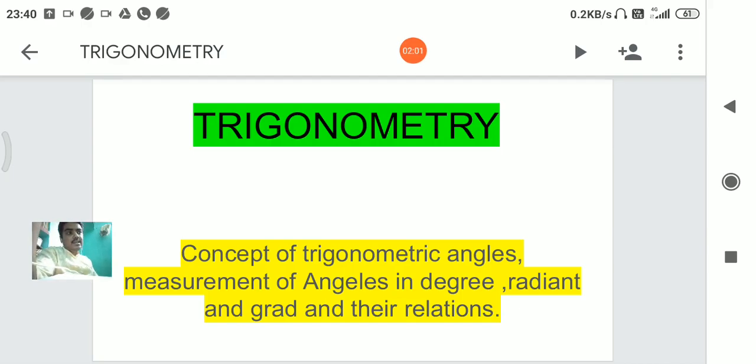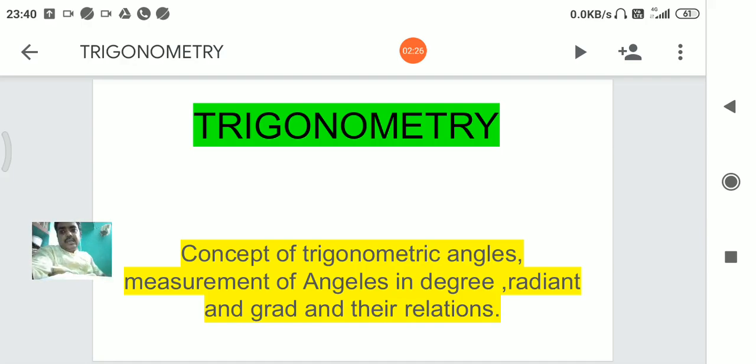This is the basic thing of the geometrical angle. But in trigonometrical angle, we will get negative angles and positive angles. Also, there is no restriction of 360. We can get more than 360 degree also.